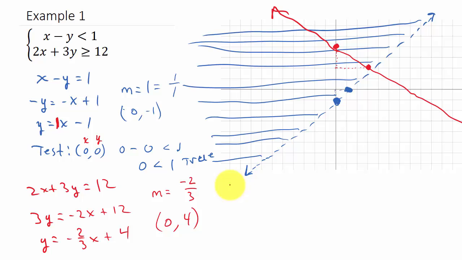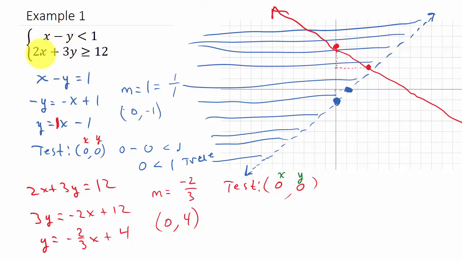Okay, so now I need a test point. I need to pick a point that's not on this line here. I'm just working with the red line now. We can see that (0, 0) is not on this line, so let's choose (0, 0). This is my x, this is my y.